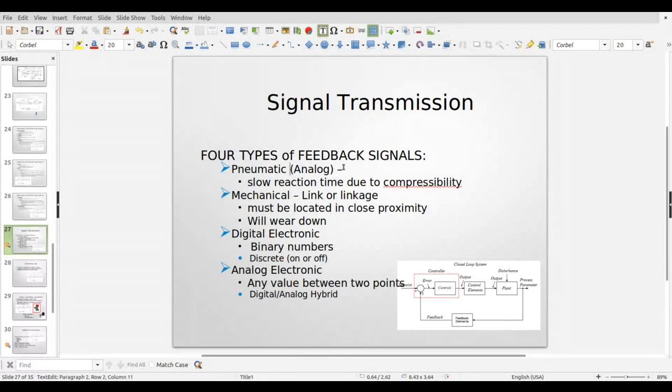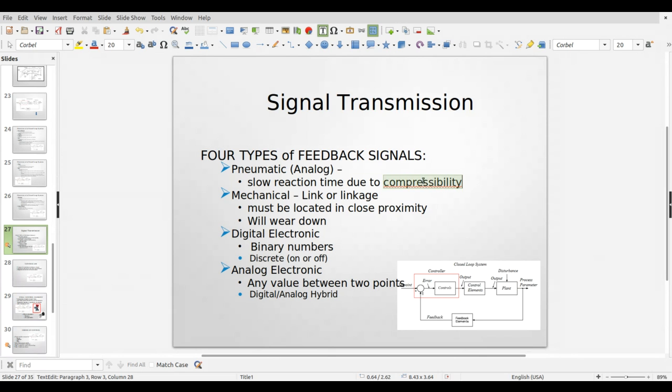Okay, so now our feedback signals, they could be pneumatic. We could use a pneumatic feedback, but we really don't like these because air can be compressed, which results in slow reaction times, number one, plus you can get shock waves or pulses bouncing through the air system, which will increase disturbance.